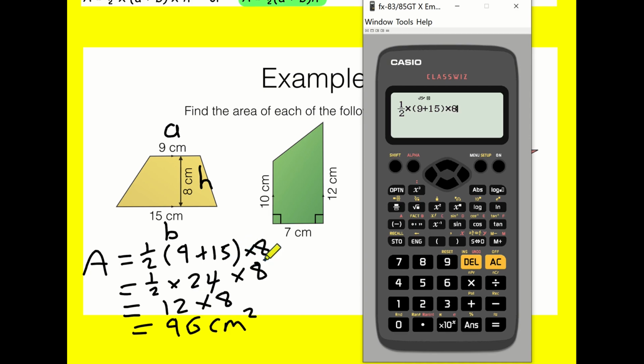Although algebraically, sometimes we don't worry about putting times in, I think it's a good idea when you're using a calculator to stick them in. And we press equals, we get 96, which is what I got before. Brilliant. Just wanted to demonstrate how you can do it with your calculator.